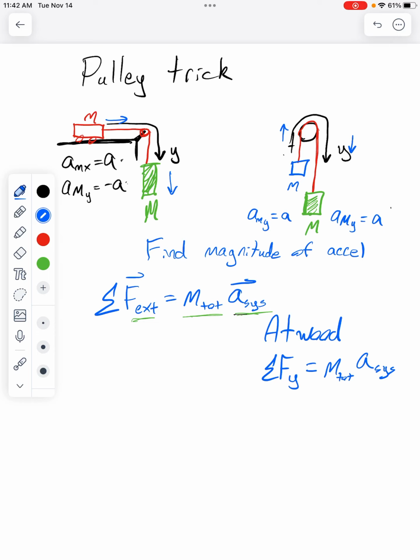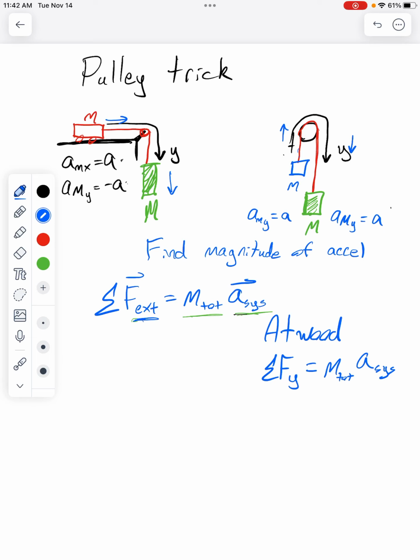So what are the net forces? And remember, these have to be external forces. Well, the tension is an internal force, right? It's conveying a force from big M to little m. So it's not an external force.